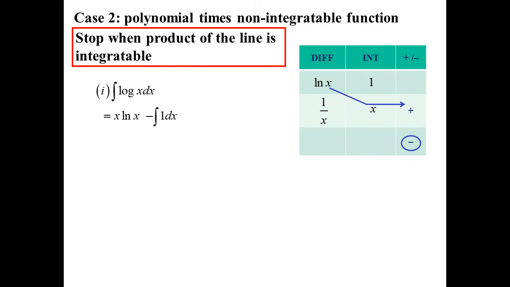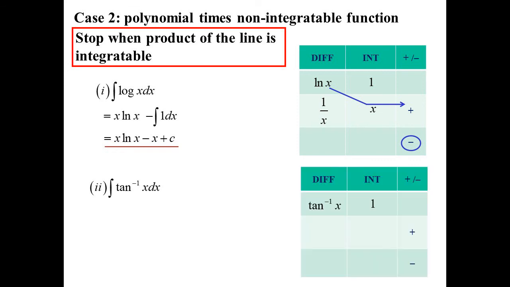So you notice in this case, I don't keep going with the integration. I just say, well, I stopped at that product of the line, and I've got to integrate that one. So I've still got some integration to do. Integral of 1 is x, and so we get x log x minus x. Try another one, inverse tan.